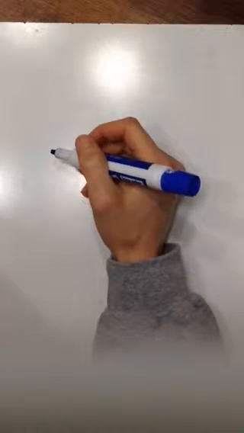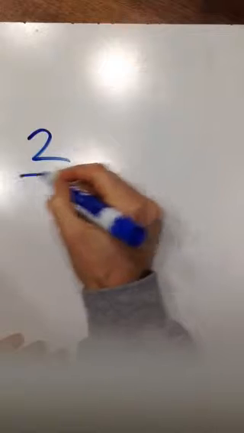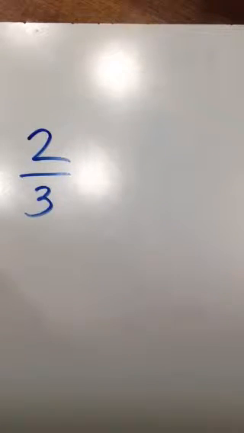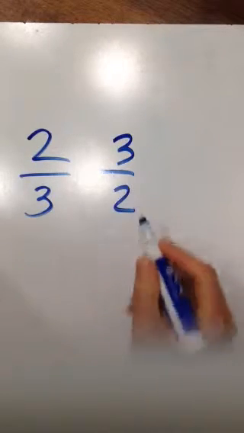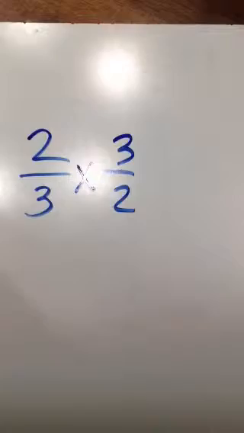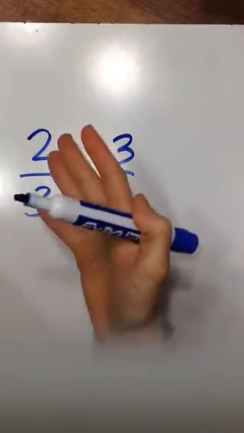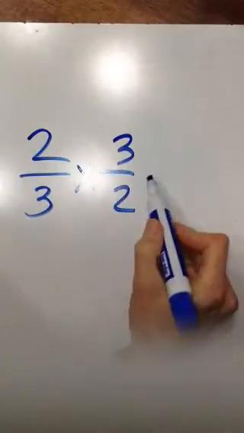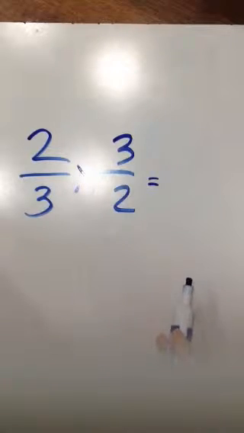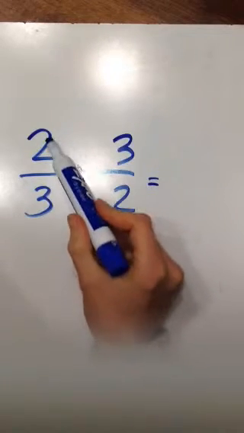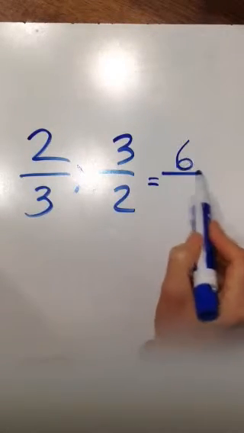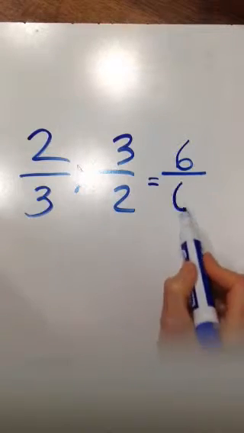Now, let's look at something that's kind of cool, okay? What I want you to notice is if I have the fraction 2/3, and I were to make its reciprocal 3/2, and I multiply both those numbers, the fraction and its reciprocal, guess what it will always equal? Well, let's look at this one. This is 2 times 3, which is 6, and 3 times 2, which is 6.